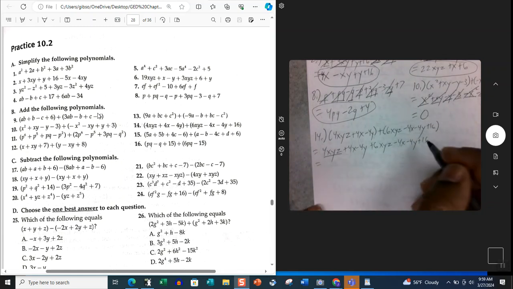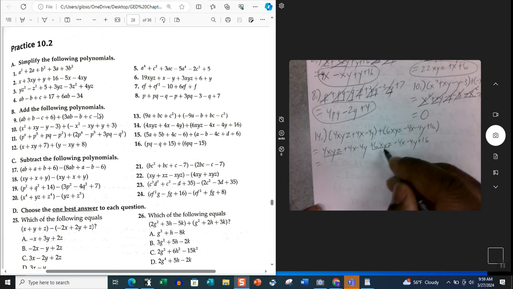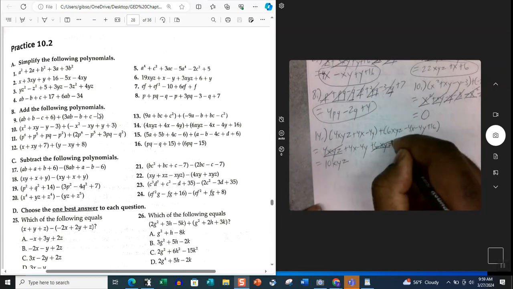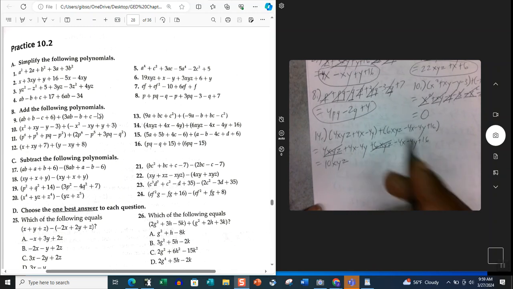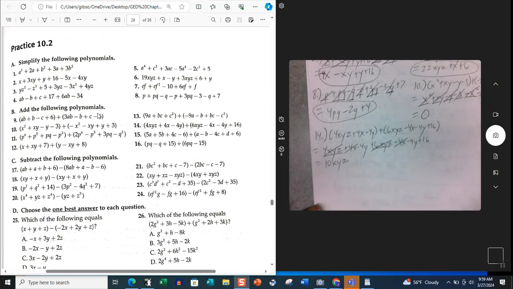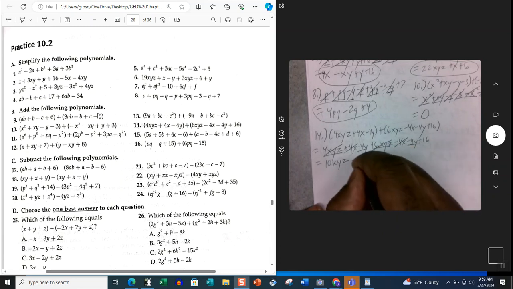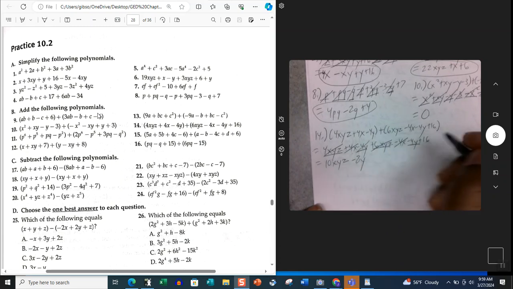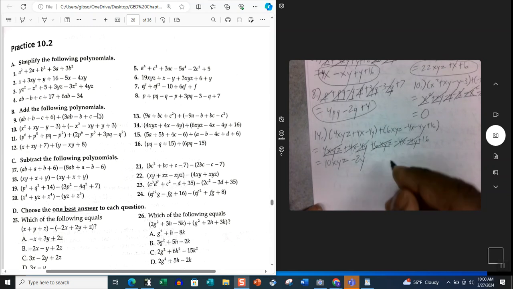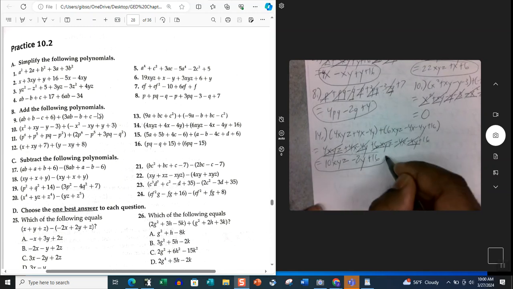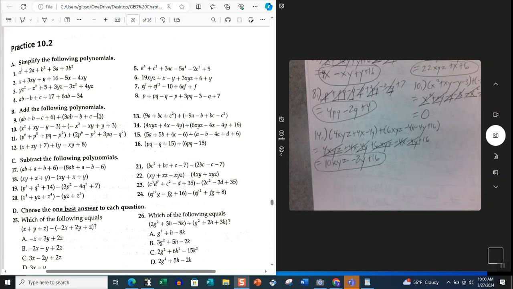Now 4xyz, 6xyz are like terms, so that's 10xyz. 4x minus 4x, these simplify each other out. Negative 4y and negative 4y is a negative 8y. And then 16 is by itself, so you bring it down. This is the final answer for problem 14.